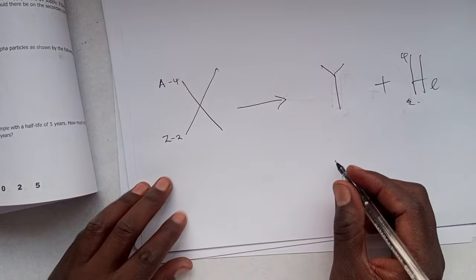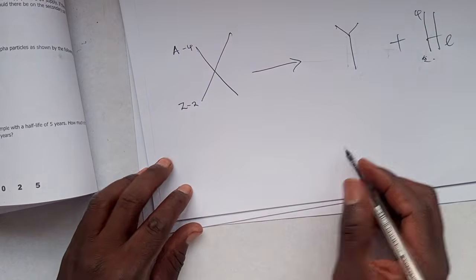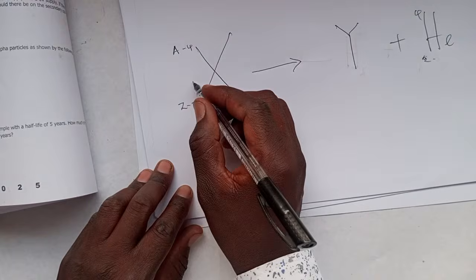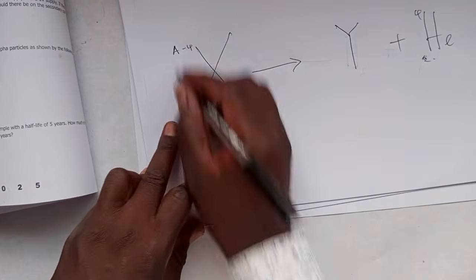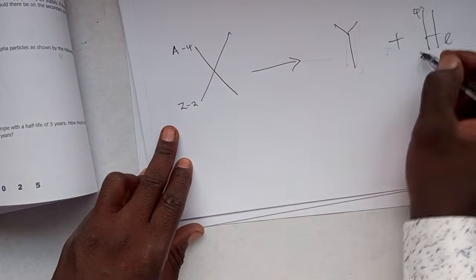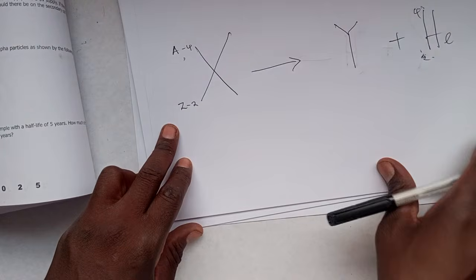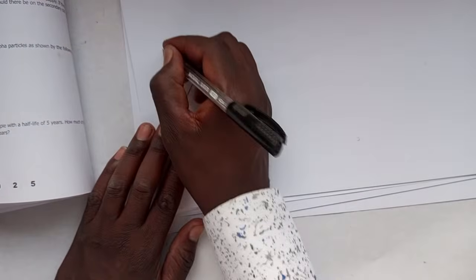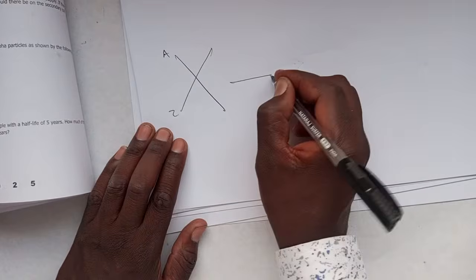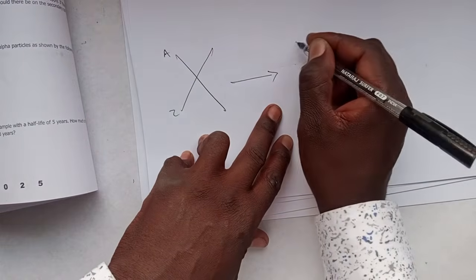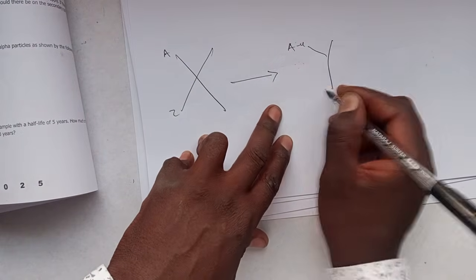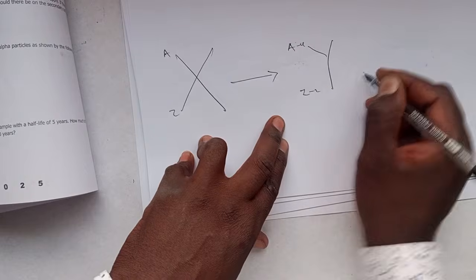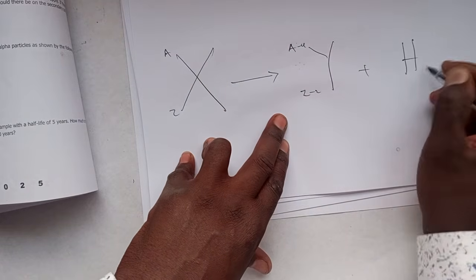So what this means is that we need to subtract this from this. Let me rewrite it again. This is going to be X with A and Z to give us Y with A minus 4 and Z minus 2. Exactly, I think this one now makes sense.